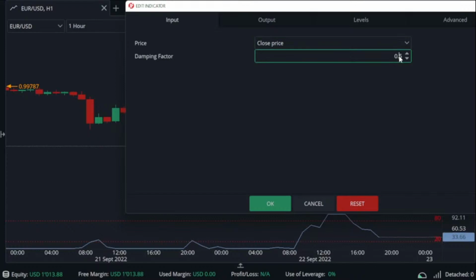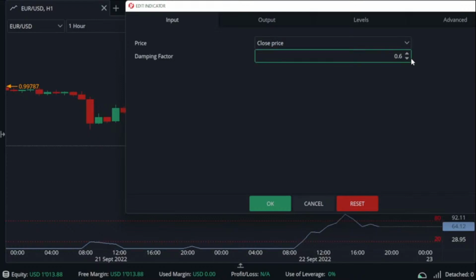Coming to the damping factor, the minimum is 0.5, so we can't really go below 0.5. Let's try out 1. 1 also is out of range, so it has to be between 0.5 on the lower side and 0.85 on the higher side.